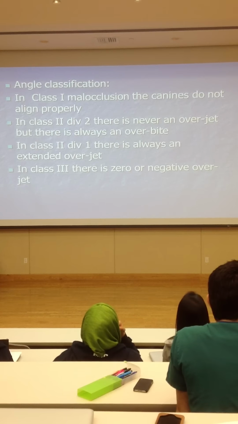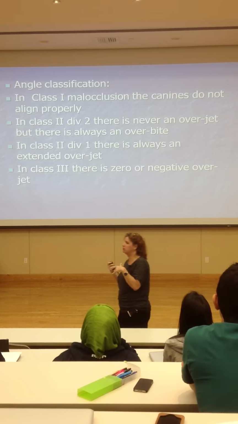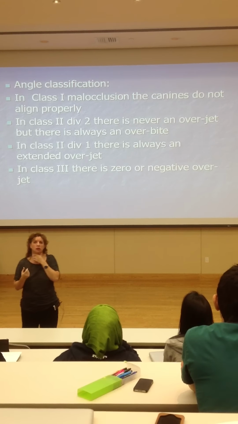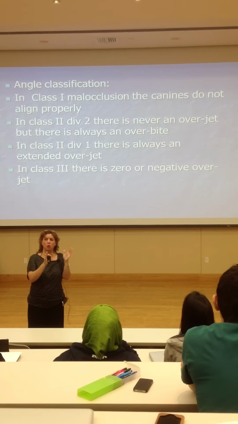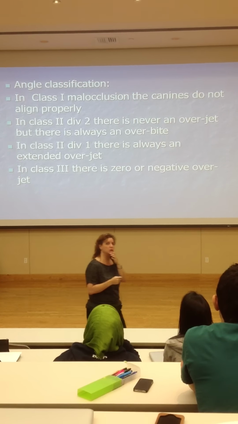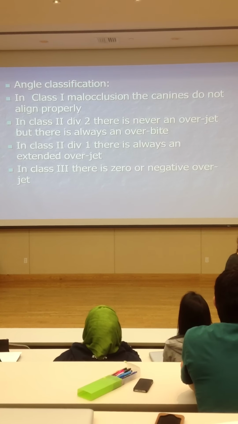So, what's the difference between angle classification 1 and angle 1 malocclusion? You know there's two of them? There's angle 1, there's angle 1 malocclusion. What's the difference between the two? Angle 1 malocclusion means that the molars are in a perfect relationship, but something else is wrong.